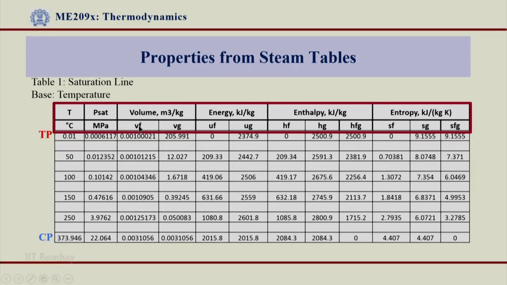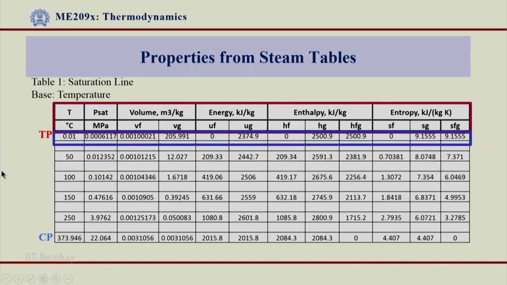So here you can see Vf and Vg, Uf and Ug, Hf, Hg and Hfg, and if you remember, Hfg is nothing but the difference between Hg and Hf, alright. Similarly, we have got Sf and Sg and Sfg, again which is a difference between Sg and Sf. So you read properties on the saturated liquid line and on the saturated vapor line, saturated liquid and dry saturated gas.